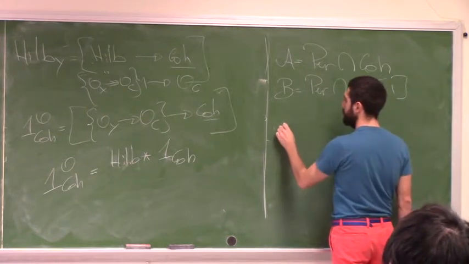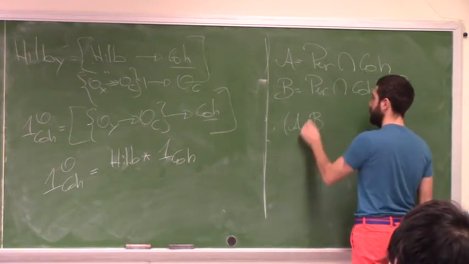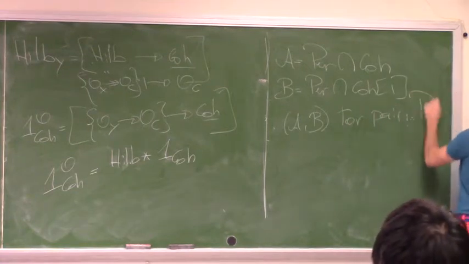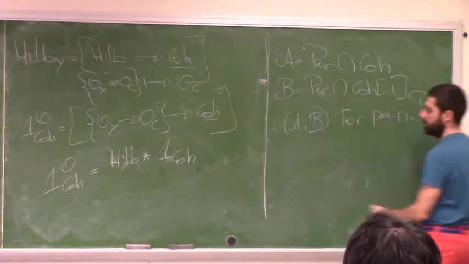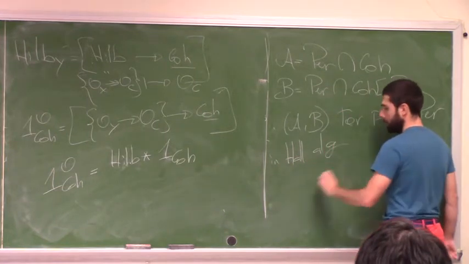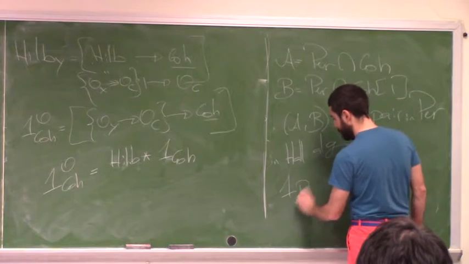And it turns out that this is a torsion pair in this category over here. So in this Hall algebra, I'll get an identity like this.